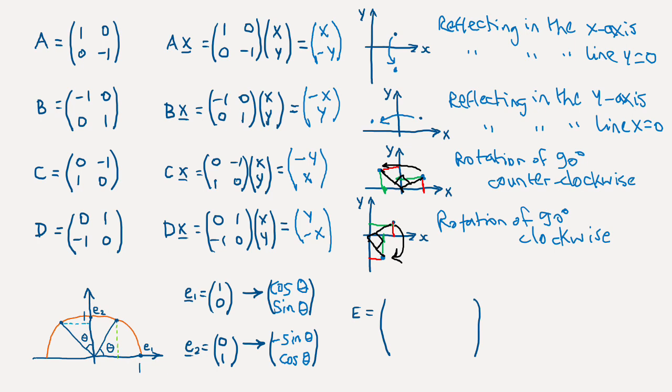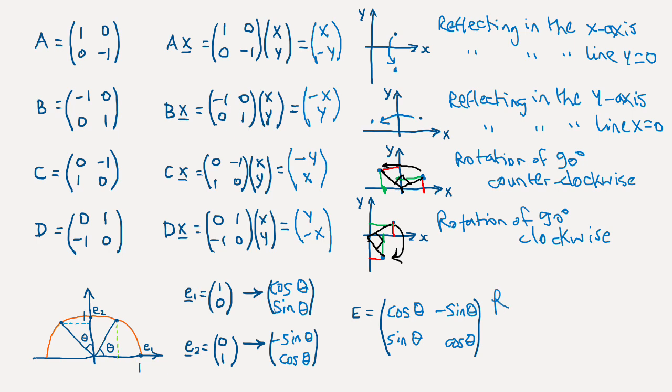Okay, so if we put all that together in terms of a matrix, the first column is going to be what happens to E1, 1, 0, so that goes to cosine theta, sine theta, and then the second column will be what happens to E2, that goes to minus sine theta, cosine of theta.